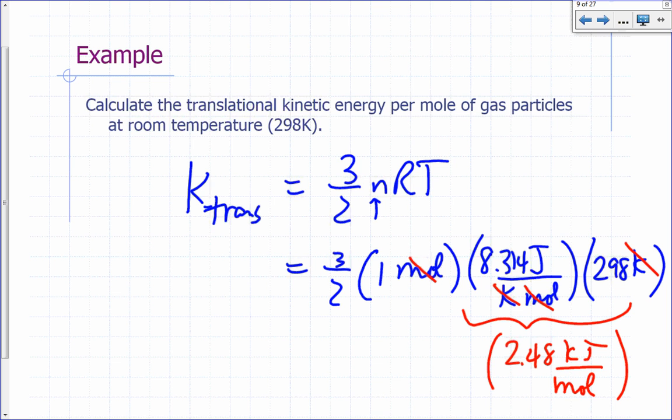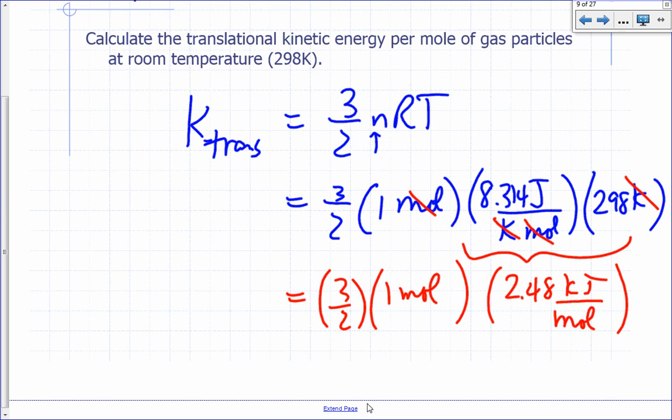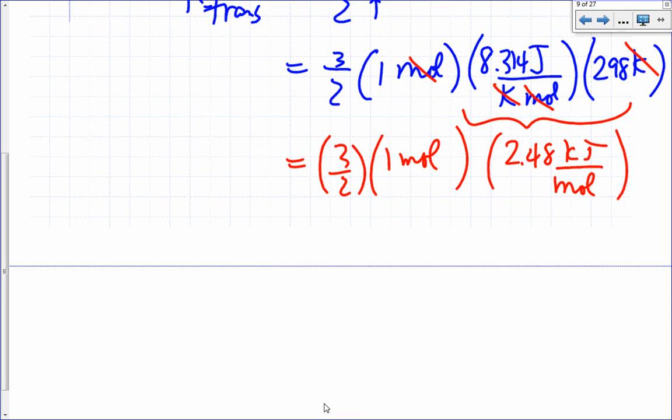Okay, so multiply that by 3/2 and 1 mole. That would be 1.5 times 2.48, so that's going to be 3.72 kilojoules per mole.